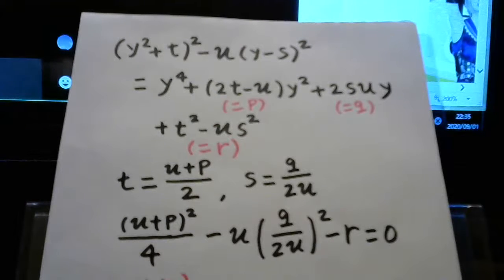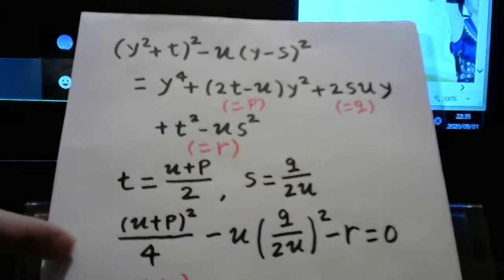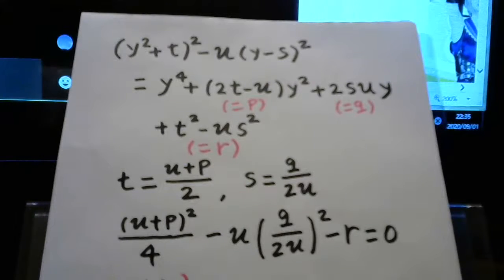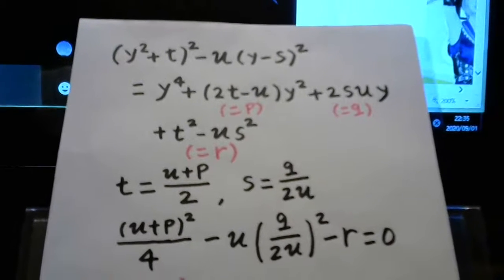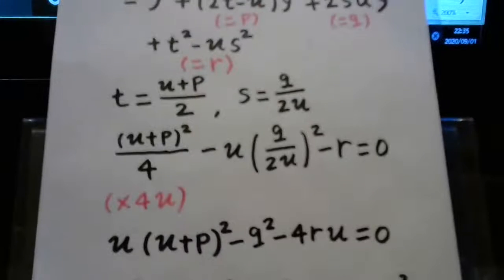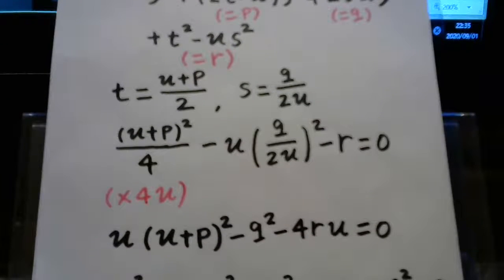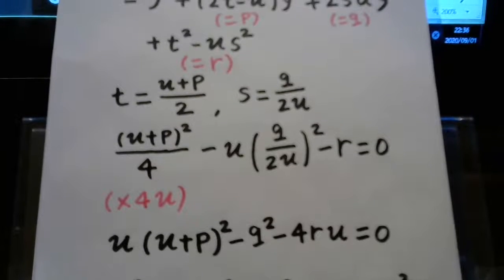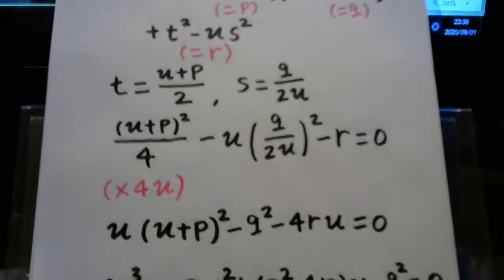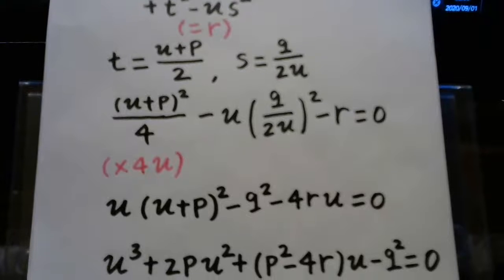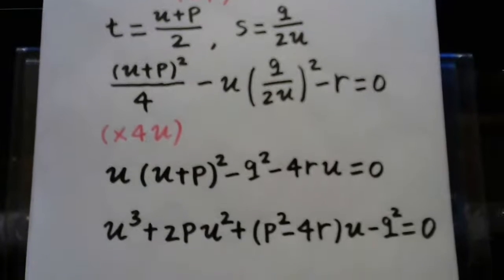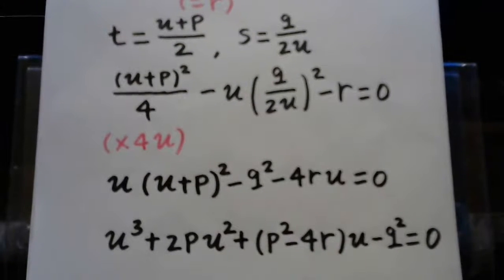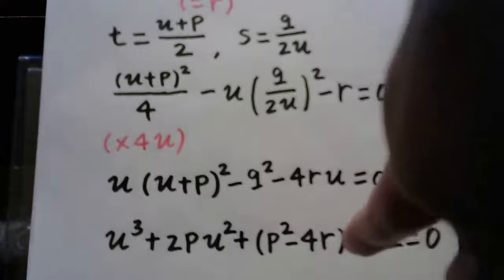And then we have this one, and we multiply by u. Then it comes to be this way. And this is the expansion.